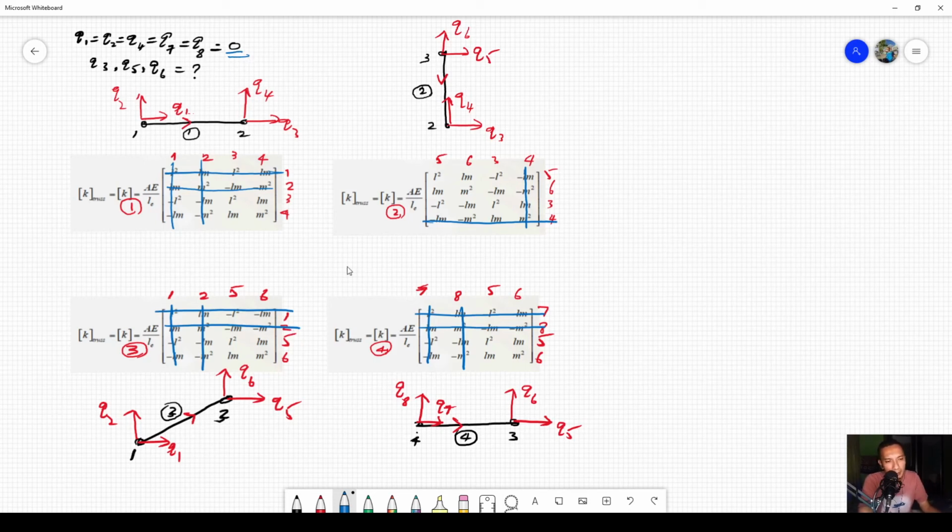So by eliminating the inactive, so this is what we call inactive boundary conditions, we can actually write our element stiffness matrix in a reduced format. That means from a 4x4 into a lower size of the matrix, depending on the boundary conditions that we consider.